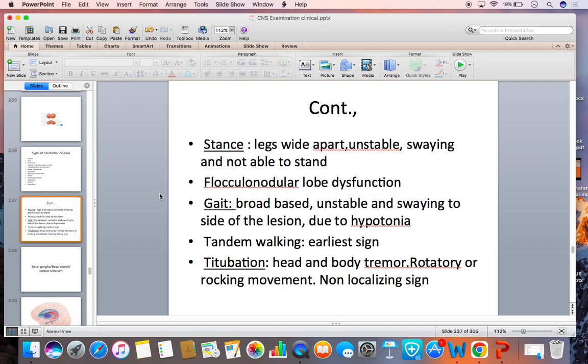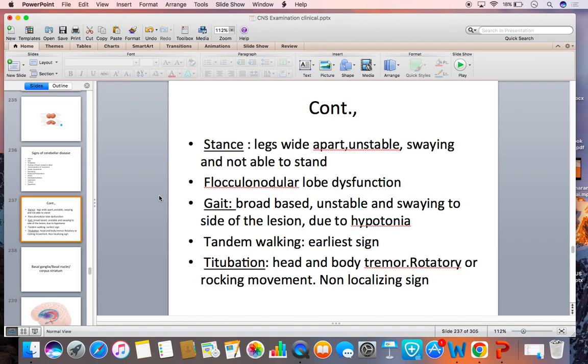Gait is disturbed. It is broad based, unstable, and swaying to the side due to hypotonia. Tandem walking is the earliest sign of cerebellar dysfunction. What is tandem walking?